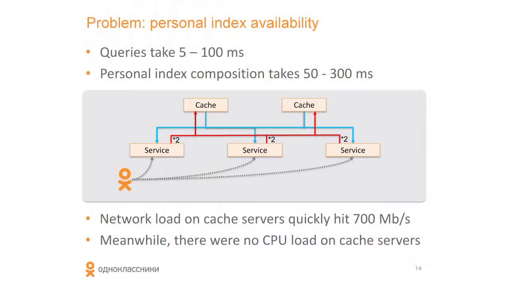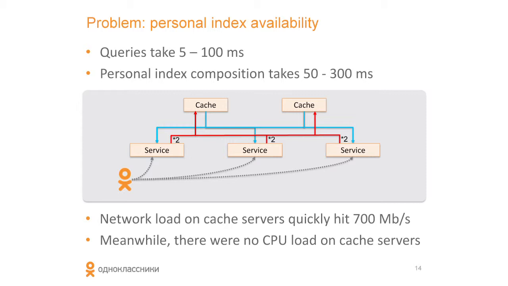Next thing, the personal indexes. As I said, we create them on the fly. An average query takes from 5 to 100 milliseconds, but personal index composition costs us 50 to 300 milliseconds. So we probably should store the indexes between search calls. First, our solution was pretty obvious: grab some memcaches and store these personal indexes in them.